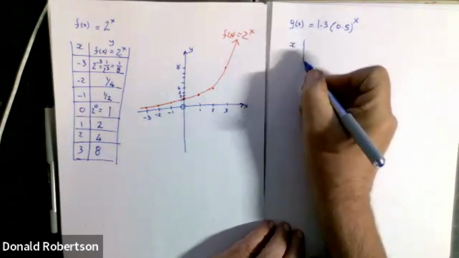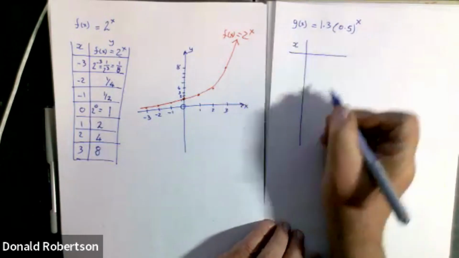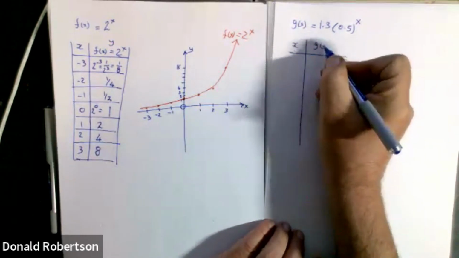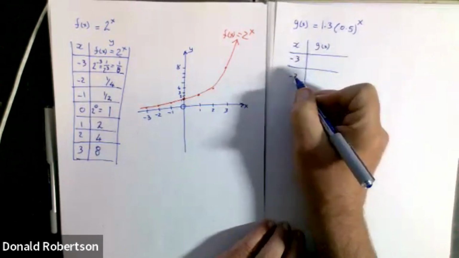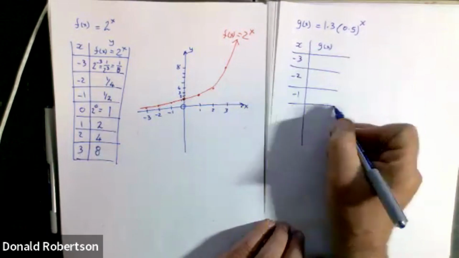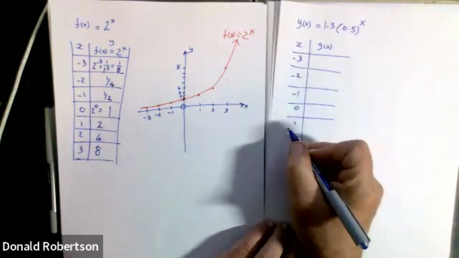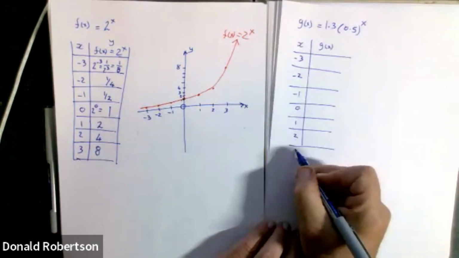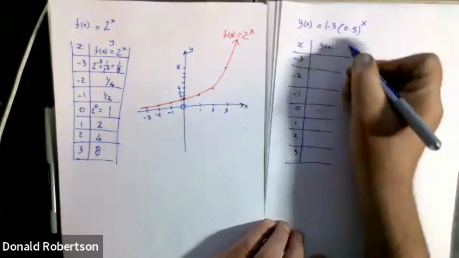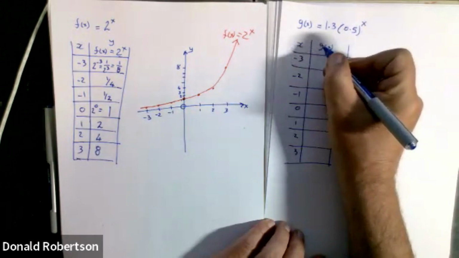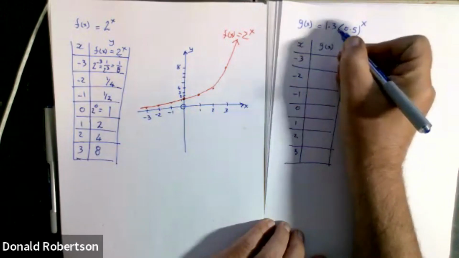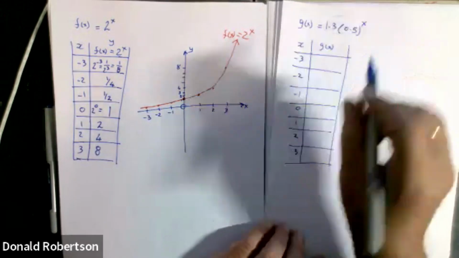Then you'd set up the same values that we did before for the x's. So you'd go -3, -2, -1, 0, 1, 2, finally 3. And for each value of x, you would evaluate using this.